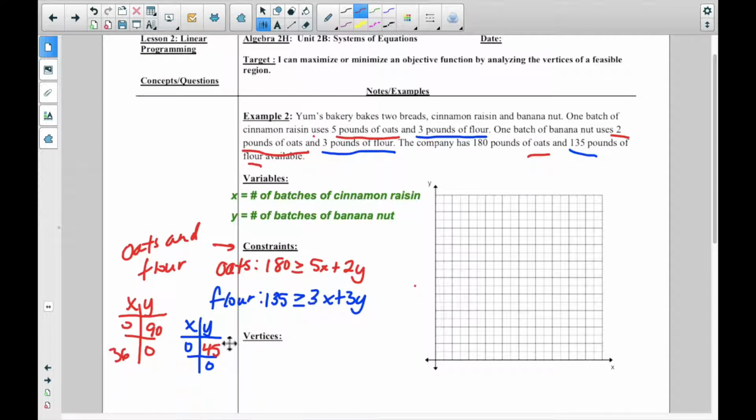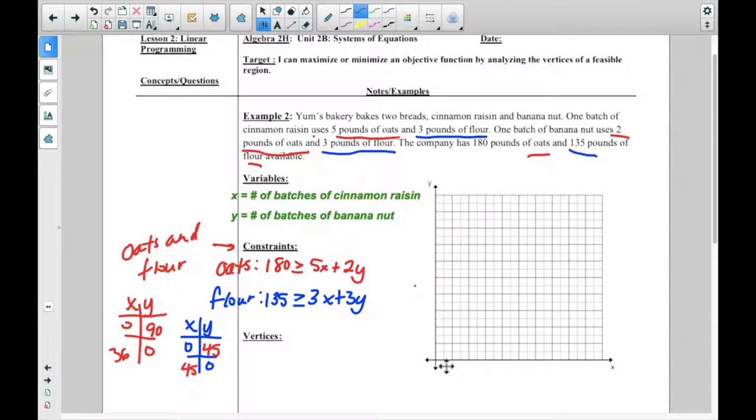And if I cover up the other one, it's also 45. So as far as my increments go, I have to get up to a 90. And on this graph, the dark lines count by 10, so we could just count by 10s on the dark lines.